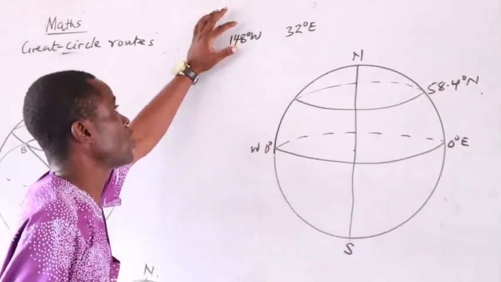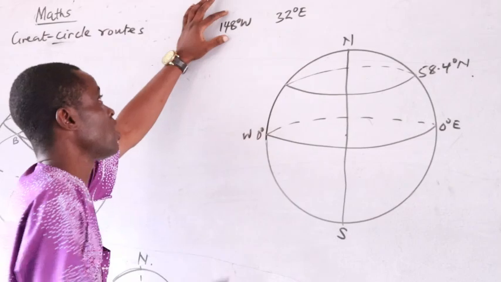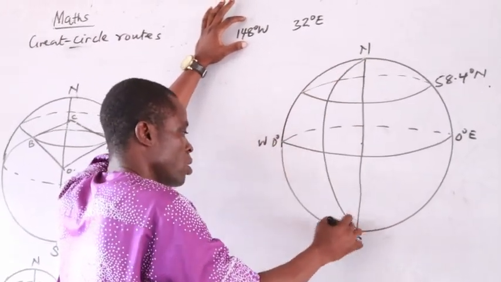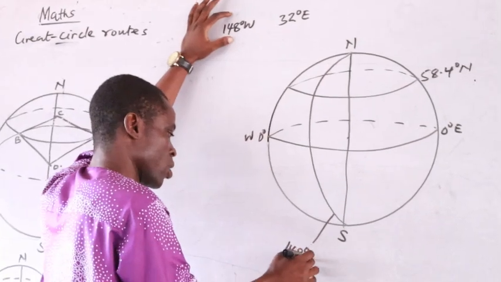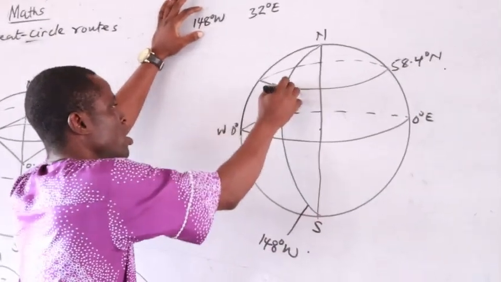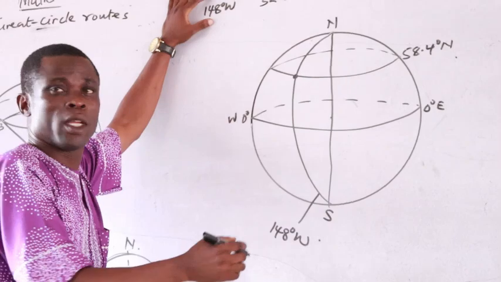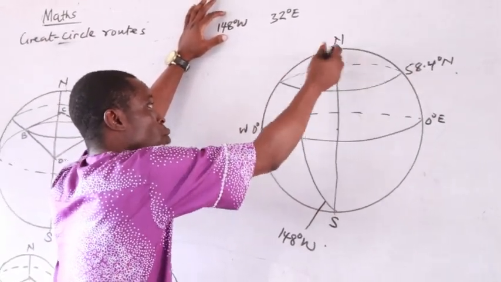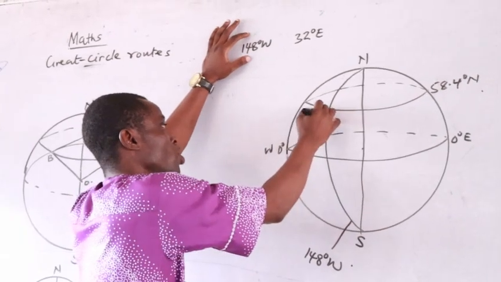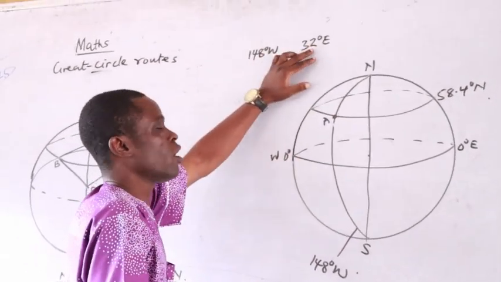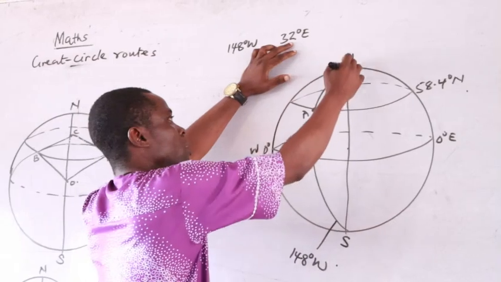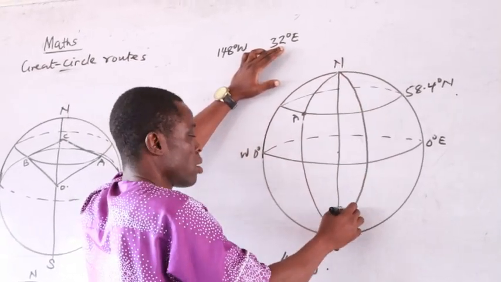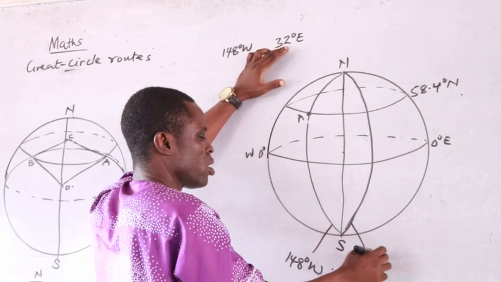The first longitude is 148 degrees west, and the point is A. This is point A. We have latitude 58.4, longitude 148. Then the other one is 32 degrees east.